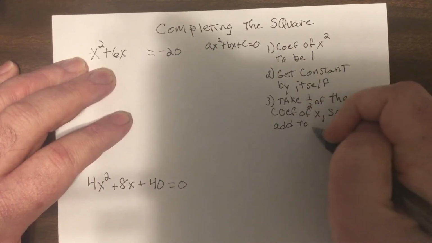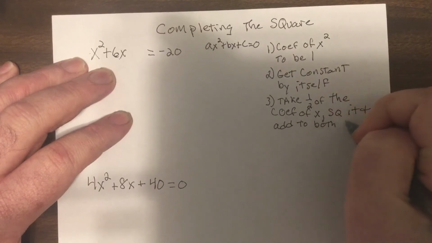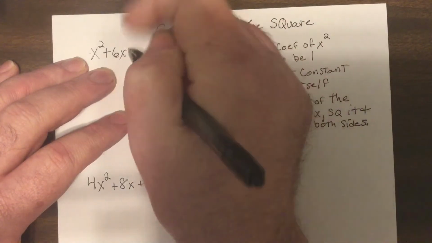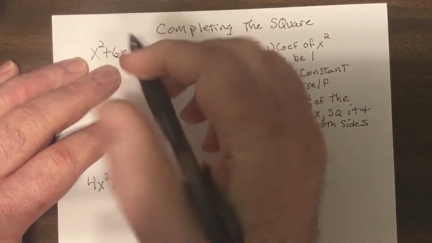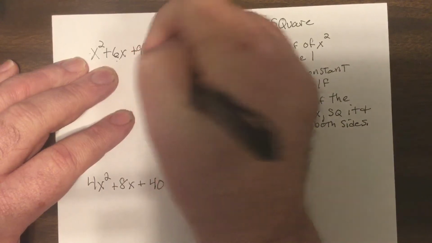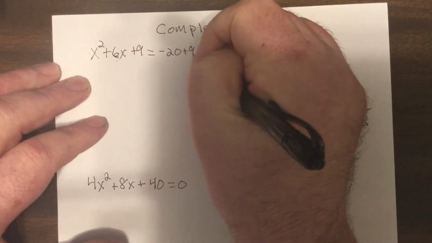That's the mistake people tend to make. You have to add it to both sides. Keep it balanced. So half of 6 is 3. 3 squared is 9. So I'm going to add 9 here, add 9 here.